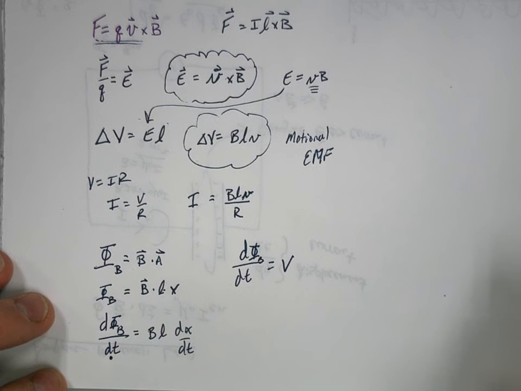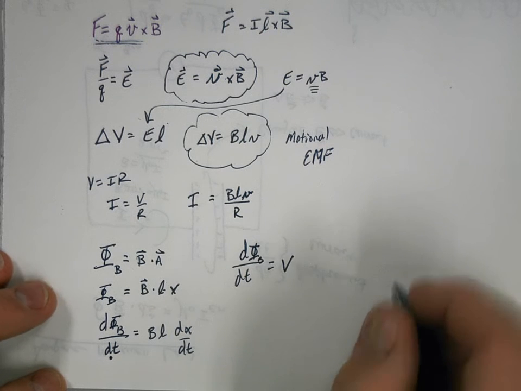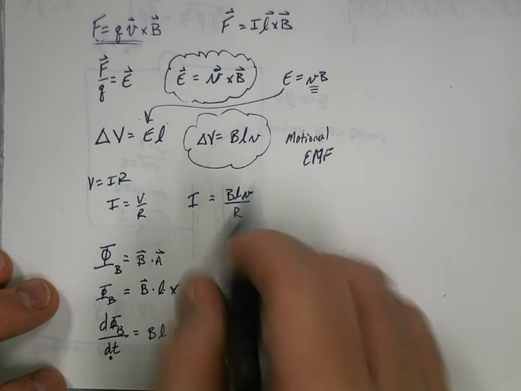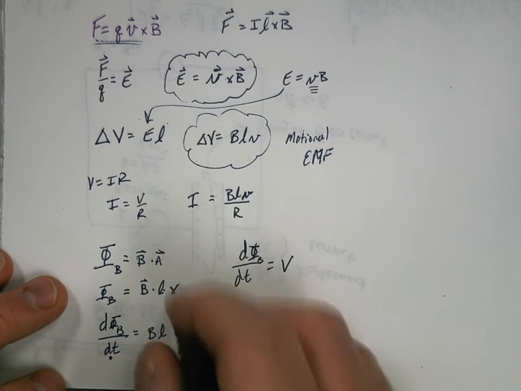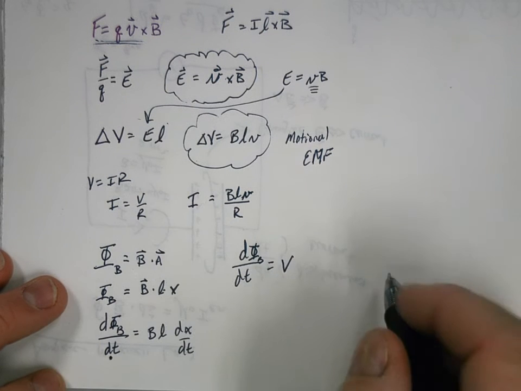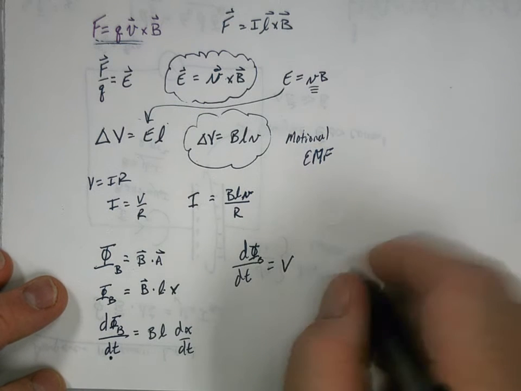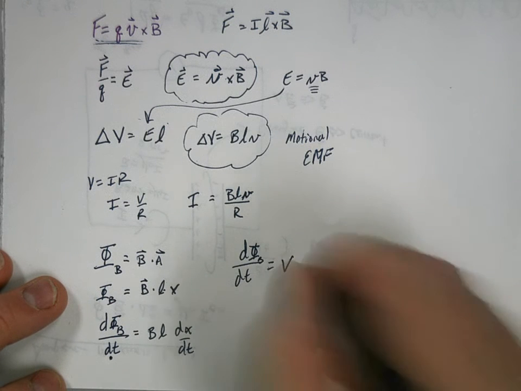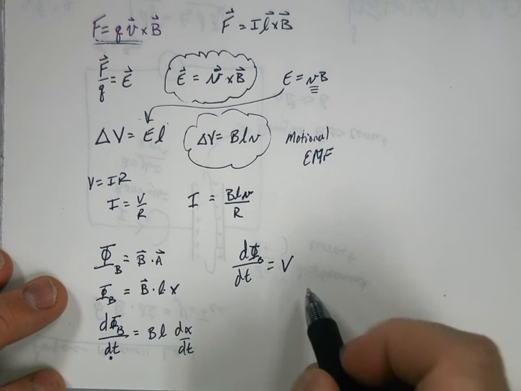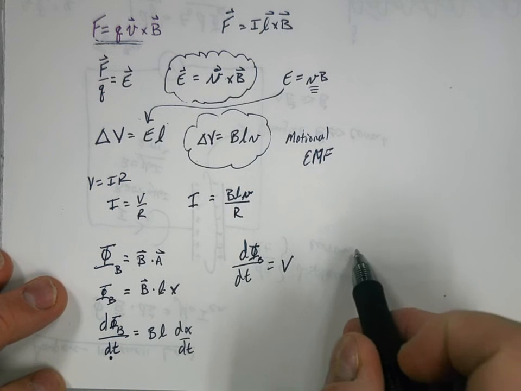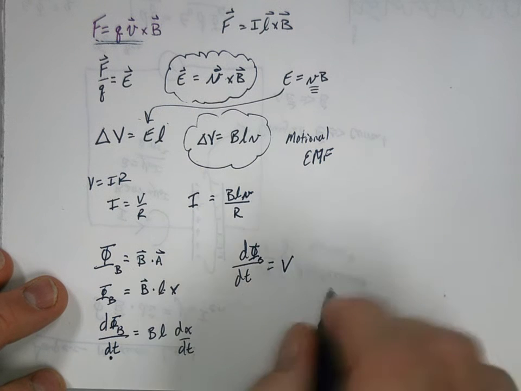So, how do we get this? Well, this dx/dt is BLv, right? So dΦ/dt is our voltage. The change in the magnetic flux is equal to our voltage. Actually, it's equal to the change in voltage.